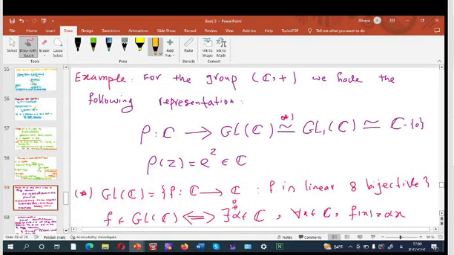For example, we have the following representation: rho from G to GL of G is isometrically isomorphic with GL1, and this is equal to the set of all non-zero elements in C.